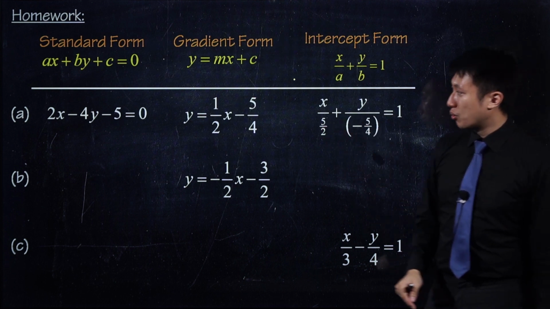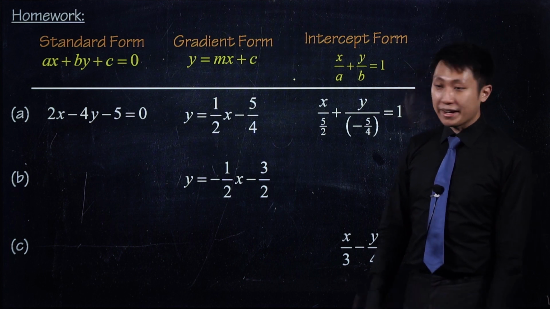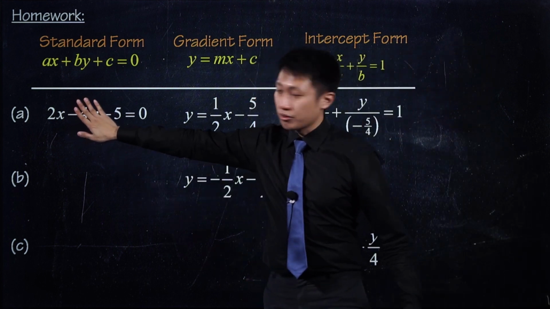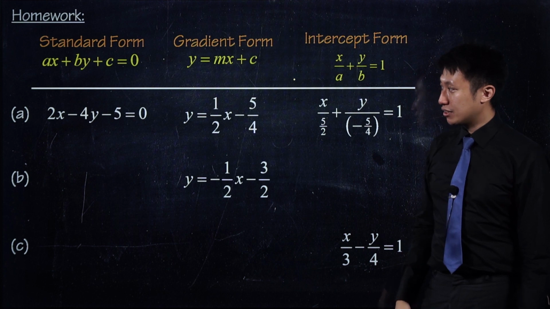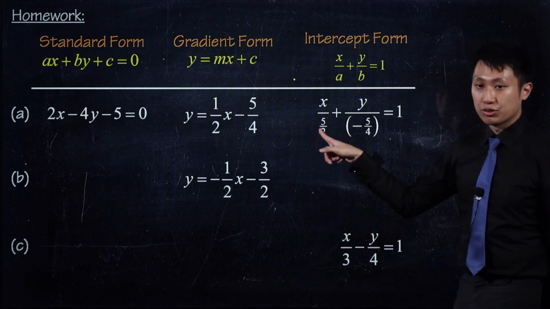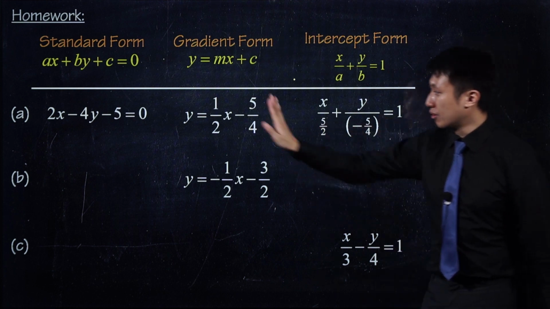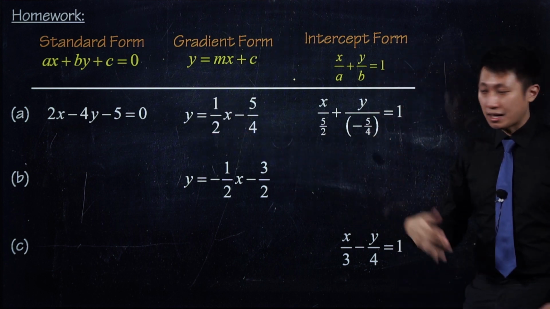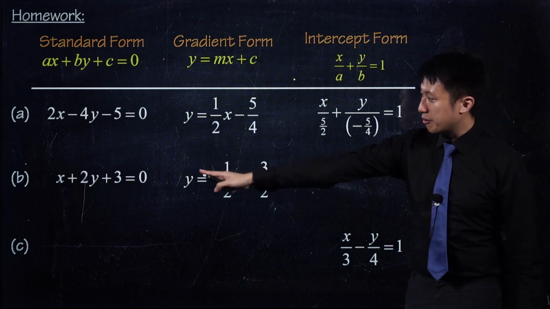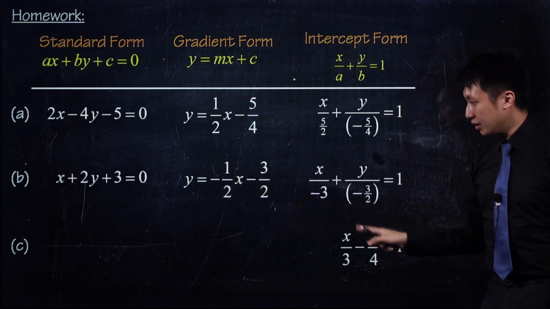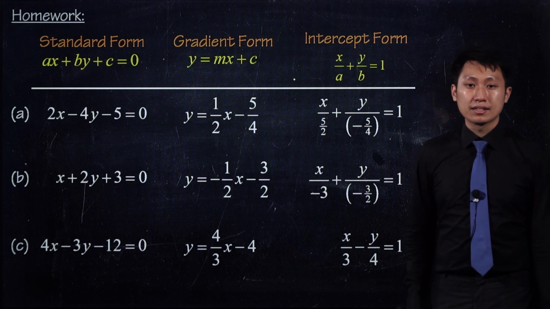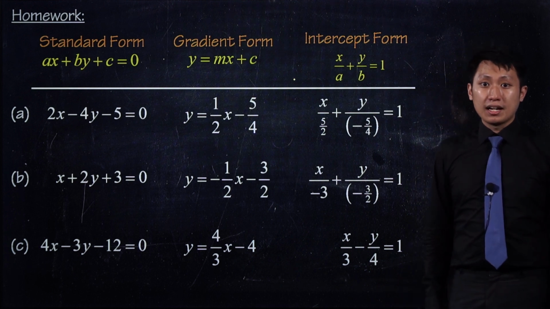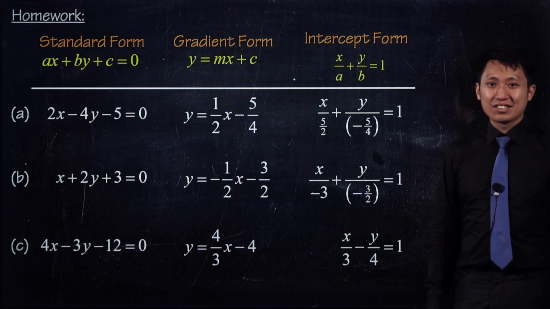You let y equal 0, then you find that x is equal to 5/2, so that's why 5/2. Then you let x equal to 0, then y is equal to -5/4. So you get this one. That's how you do it. Just check your answer. The one is this and this one. I just show all the answers here. Easy lessons, right? So I'll see you next time.